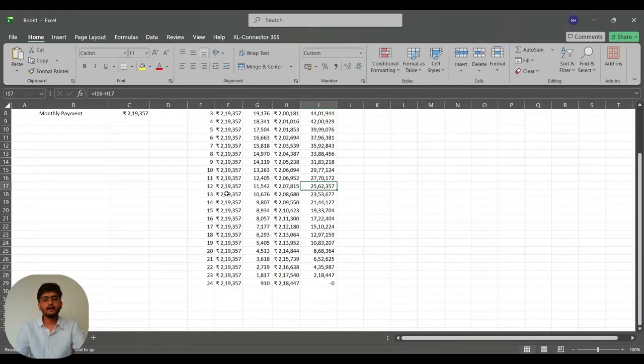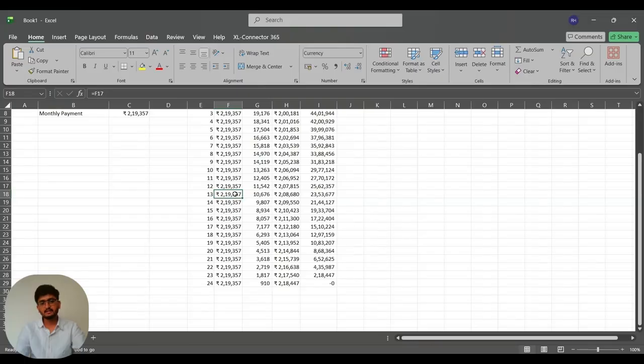So now we are calculating the 13th month. We are in the 13th month. As you know, the EMI we are paying, the interest rate 0.4167%. We calculated the interest, 10,676, and we are now minusing it from 2,19,357.